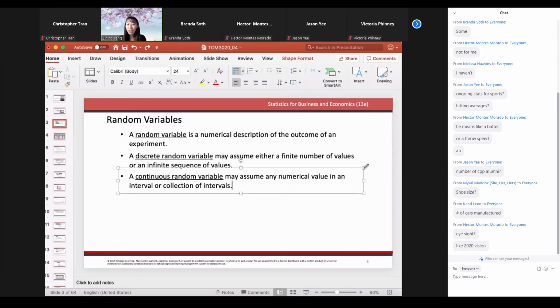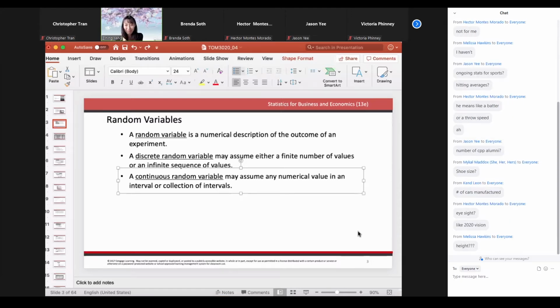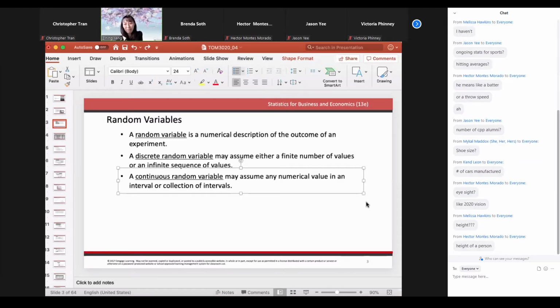And now, who can give examples of a continuous random variable? Like distance or speed, where there's no limit to what number it takes. Any examples? Height, yes. Melissa and Hector both got it. Yes, height, right?